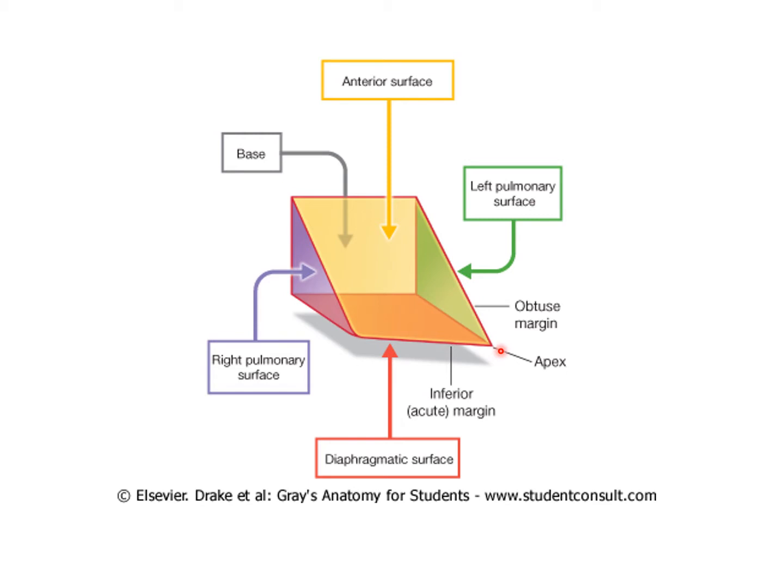You see this one is the apex. It is a conical area formed only by the left ventricle and directed downward, forward, and to the left in the fifth intercostal space, about 9 cm from the midline and slightly below the middle of the left nipple.